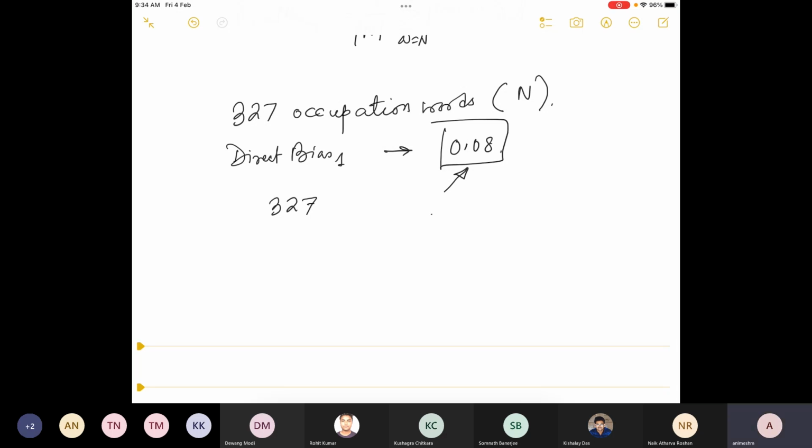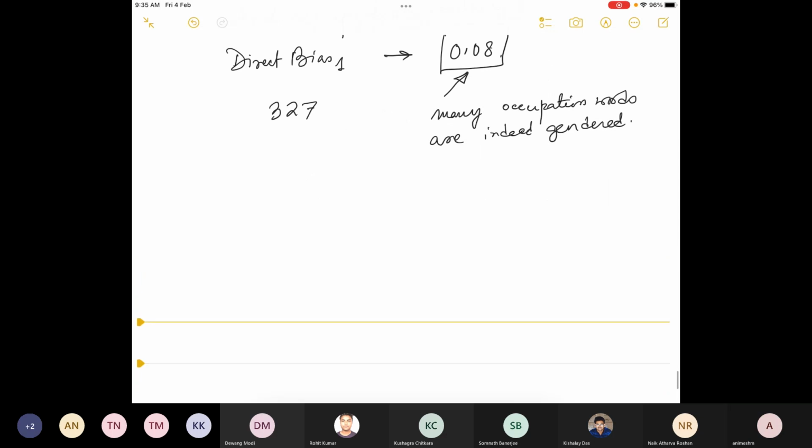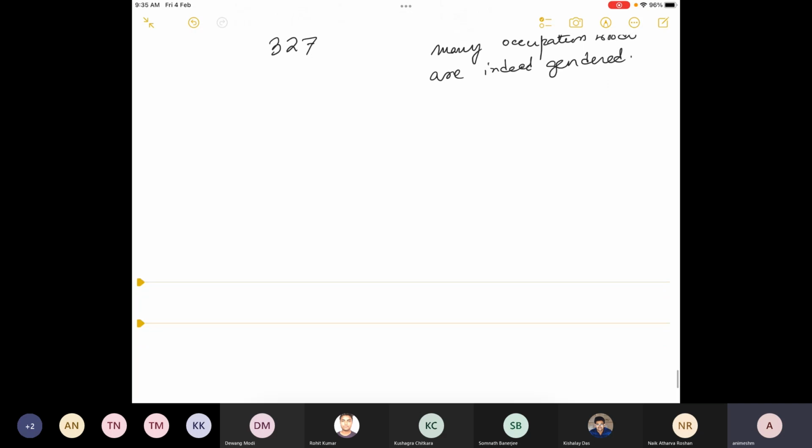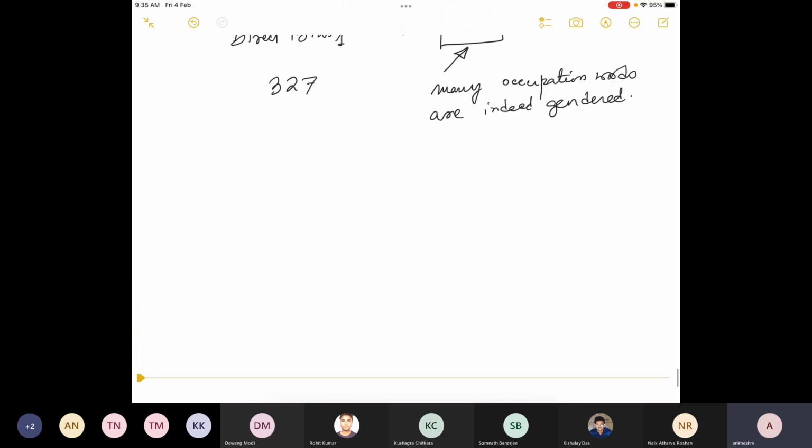So at least you can say that many occupation words are indeed gendered. At least this much you can say. Now, if this is low or high, you cannot say by just looking at the mean, you also need to look into the standard deviation.